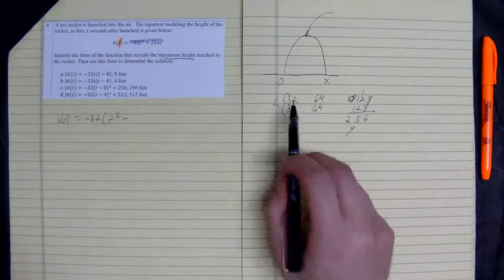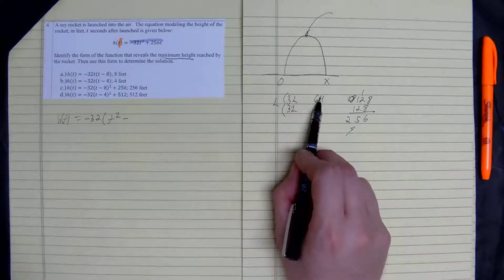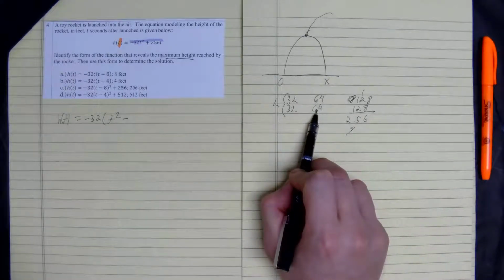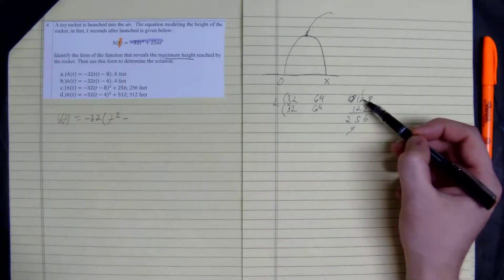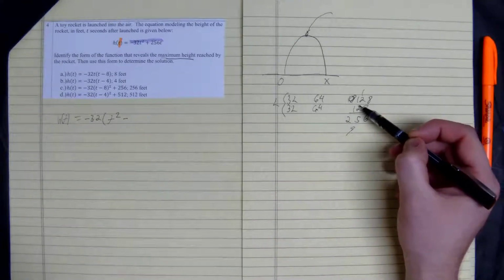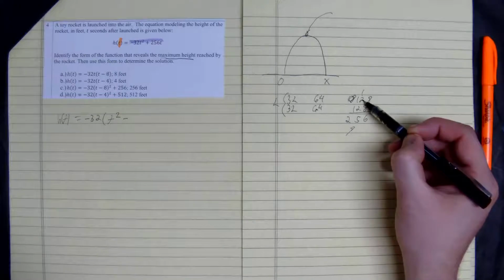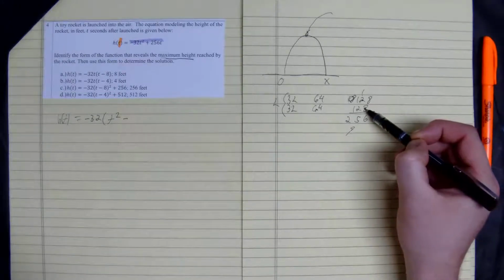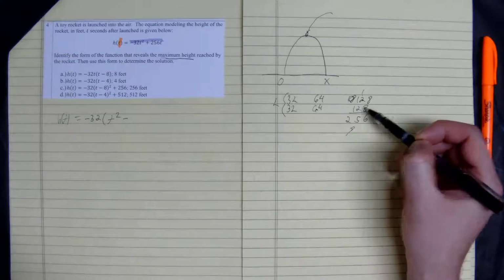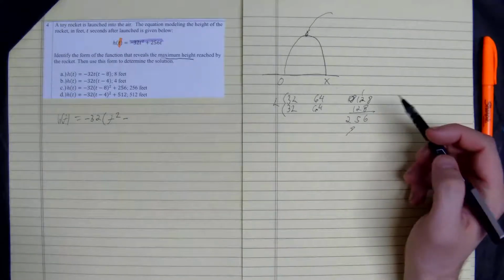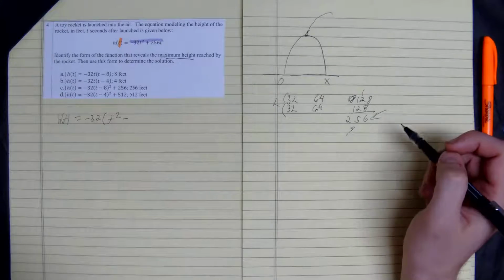So let's count how many times we did it. 1, 2, 3, 4, 5, 6. So it does go into it evenly.